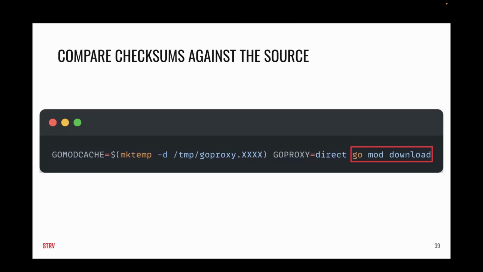But they are not present, so it downloads the checksums from the official database, and it reports a mismatch. The hash Go just computed doesn't match the one that is stored in the checksum database, so you just get an alert that something went wrong.